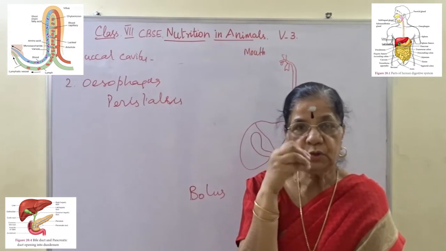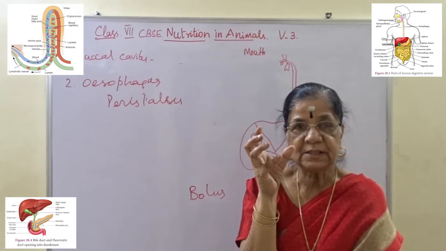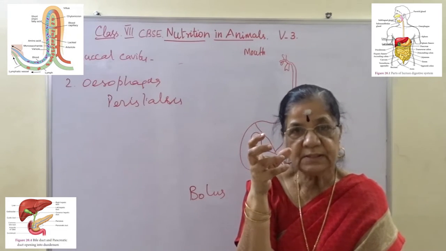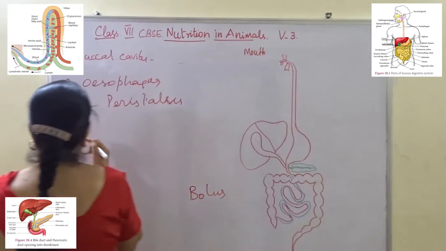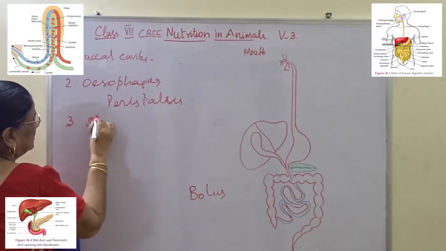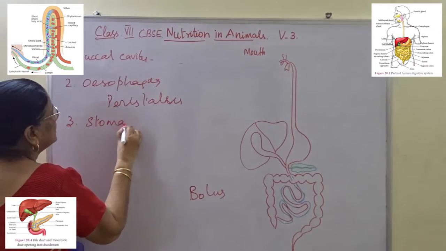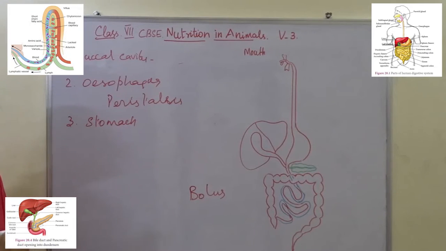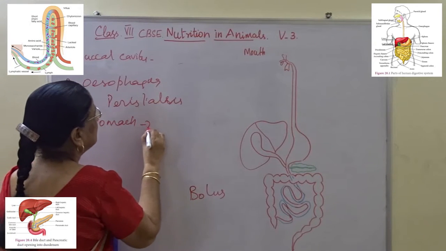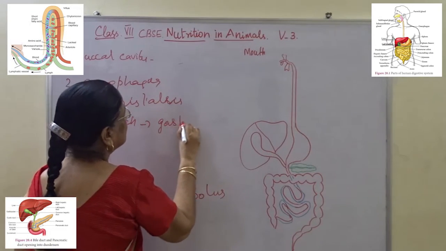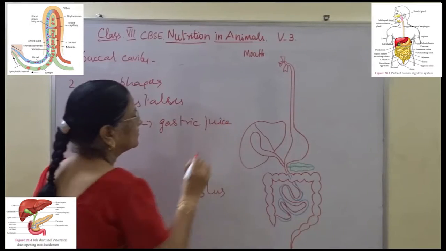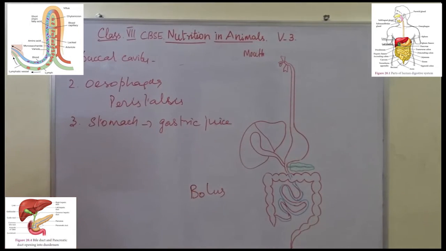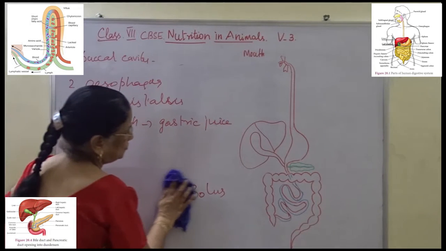The food pipe relaxes as the food goes, then contracts right after swallowing, and then the food reaches the stomach. Now the stomach is secreting gastric juice.